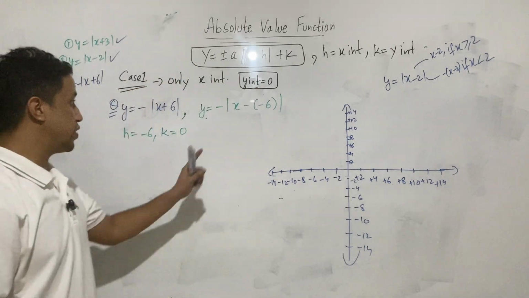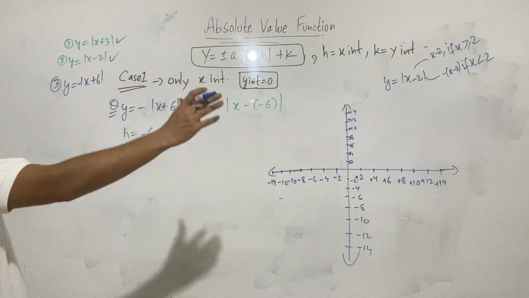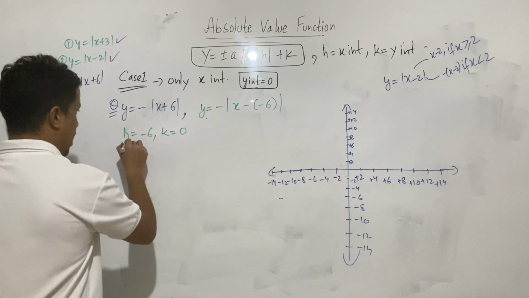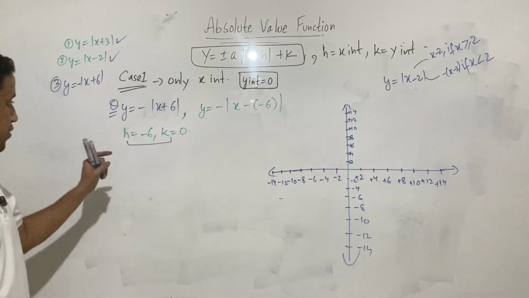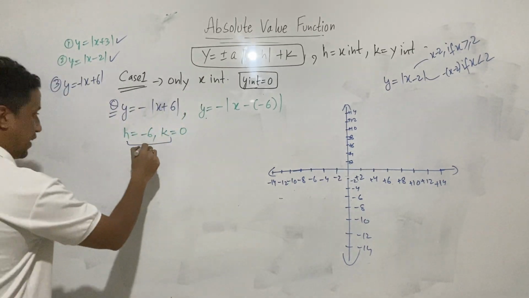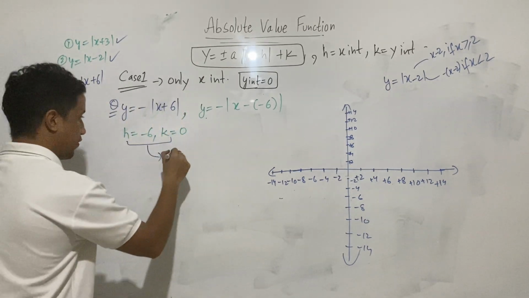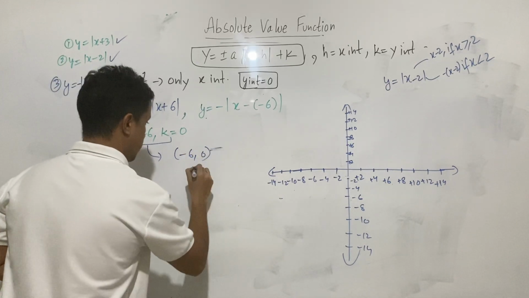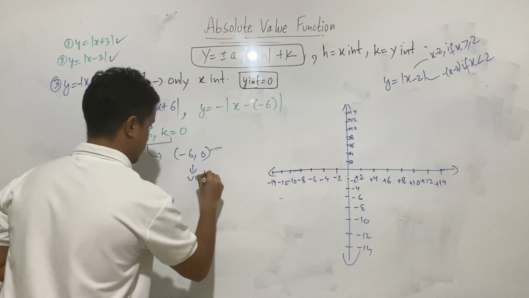Now we have to go for this thing. If I'm given the x-intercept and the y-intercept, from here I can make the ordered pair, minus 6, 0, which is going to be my vertex.